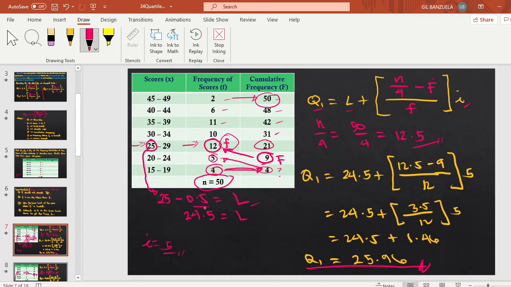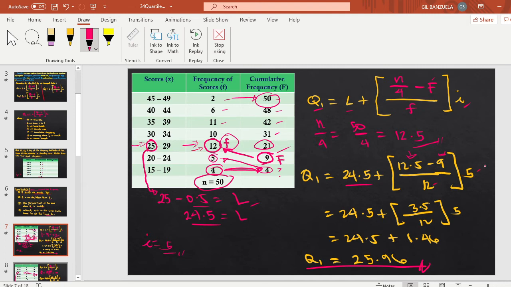So 25 minus 0.5 is equal to 24.5, and we're going to plug that in our formula. Then plus, of course, the quantity of n over 4, which is 12.5, and your cumulative frequency, which is 9 here, all over the frequency where the lower limit is located, which is 12.